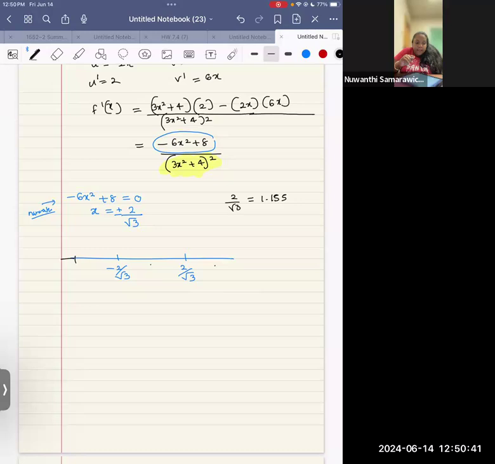Okay. So let's say when x is equal to 2, what is the first derivative? Is it positive or negative? Negative? Yes, it is negative, because x is 2 means here you will get 4, so you will get a negative value. When x is equal to 0, what is the first derivative?